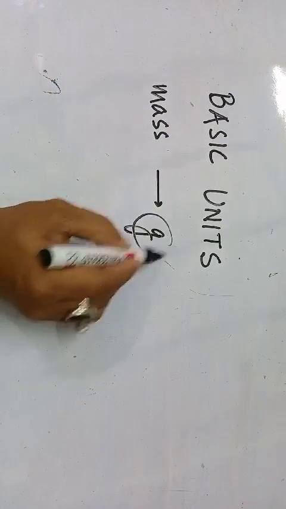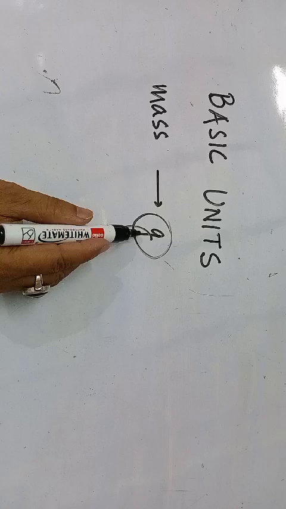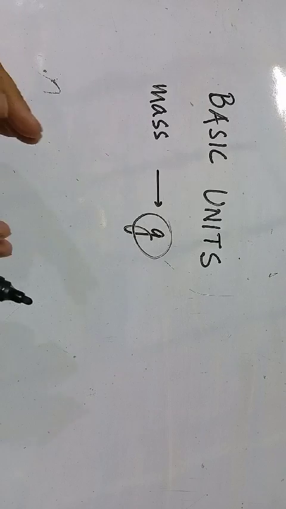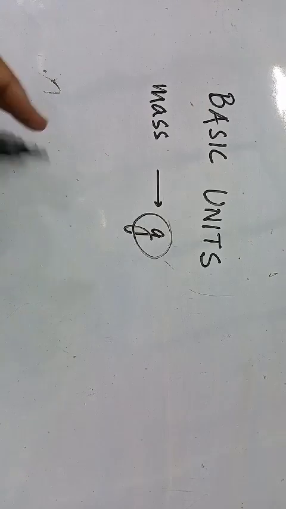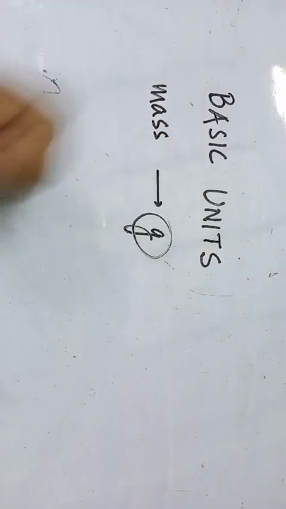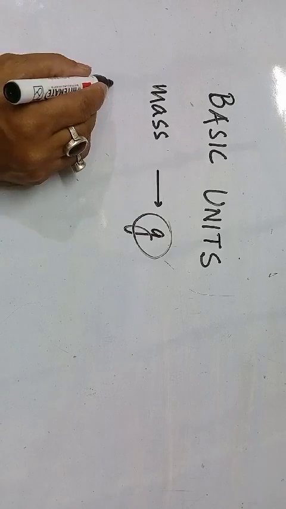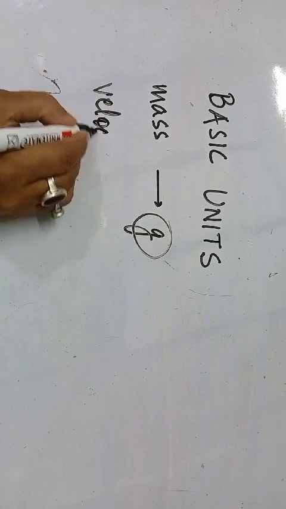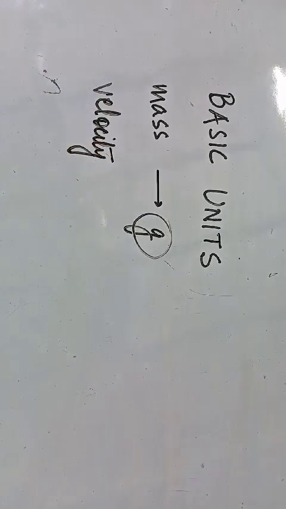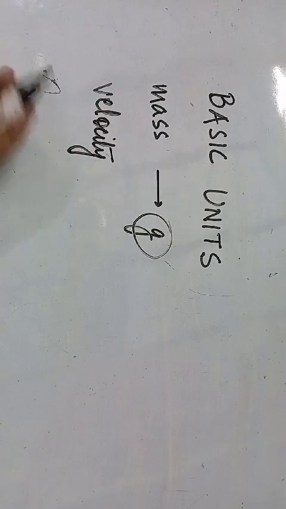The basic unit is gram. Okay, so why is it called the basic unit? Because you see, it gets its source from its own existence. It is not like it has been taken from somewhere else. Let's say, for example, if I take the example of velocity. Now velocity, just like mass, is a physical quantity.